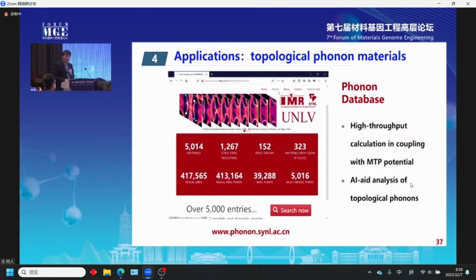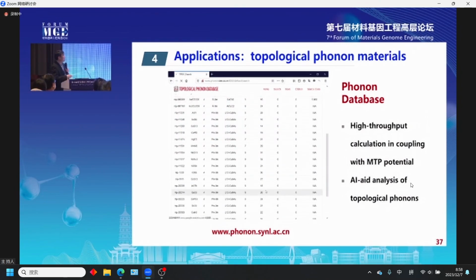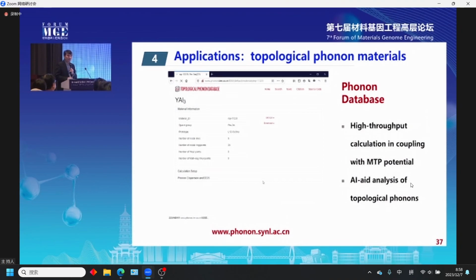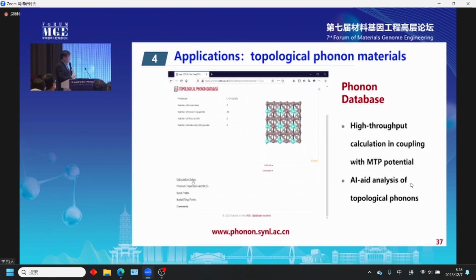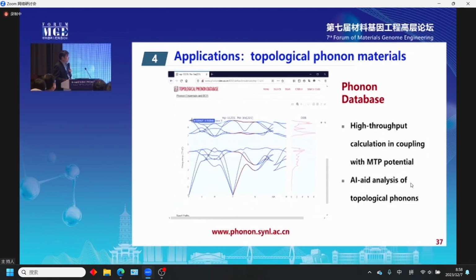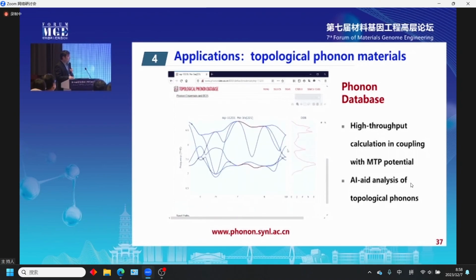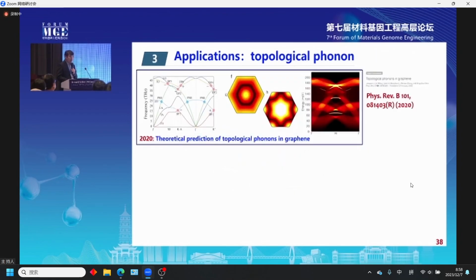If you are interested, you can go to this website to look at the database and the code showing the structure and all kinds of details, how to calculate and how to analyze this. We also use AI-aided analysis for topological phonons. Then I would like to mention the final result.